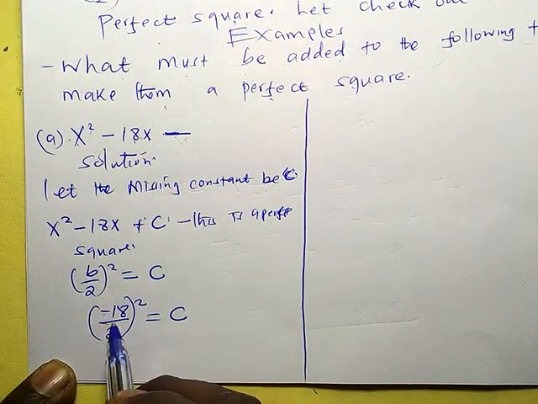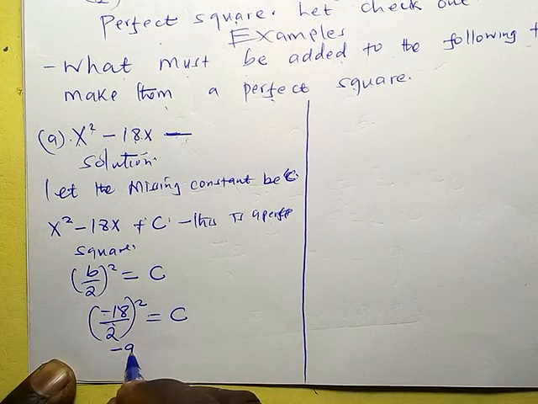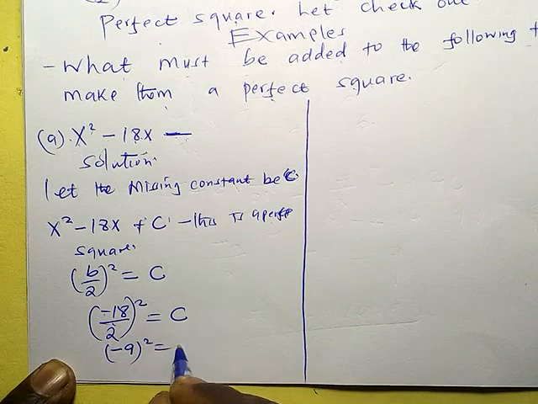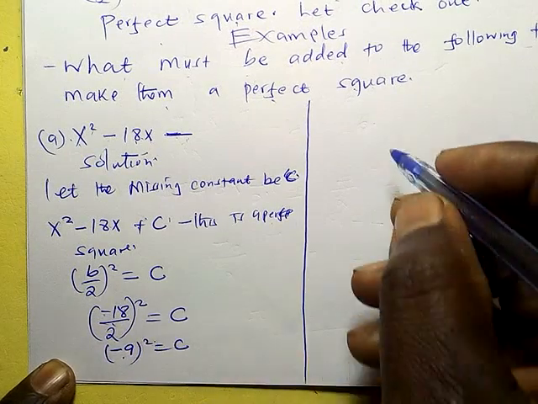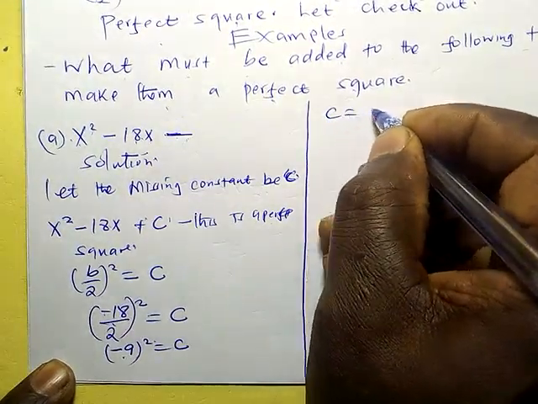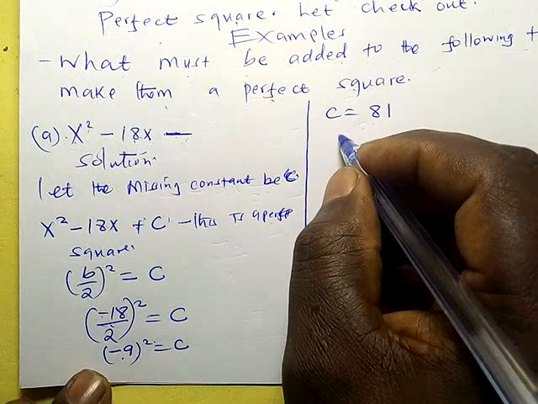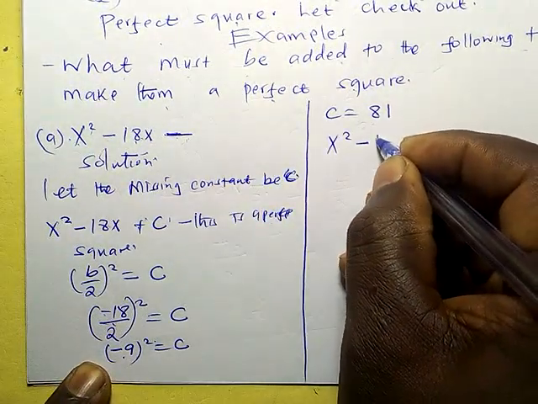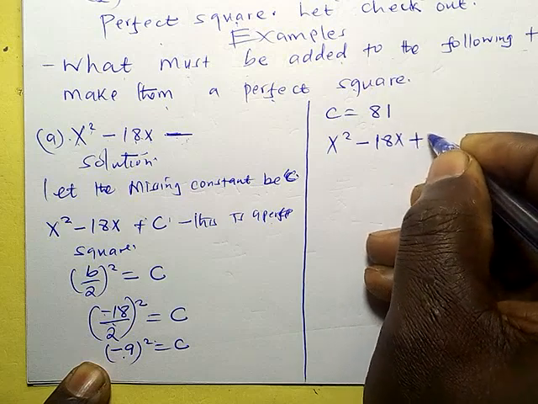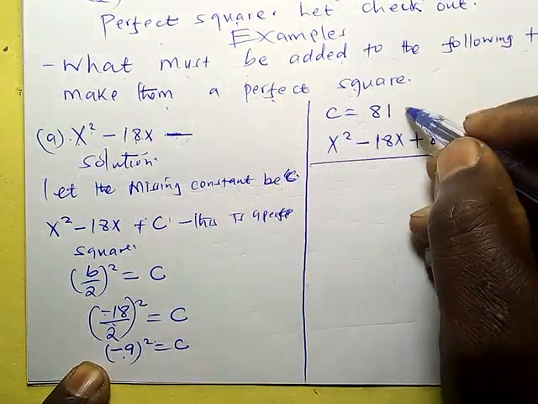Now, negative 18 divided by 2, we are going to have negative 9 squared equal to c. Negative 9 squared is equal to positive 81. Therefore, c equal to 81. So our expression now is x squared minus 18x plus 81. So our missing constant was 81.